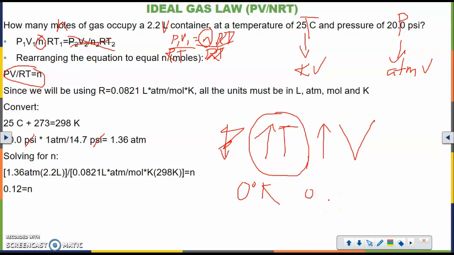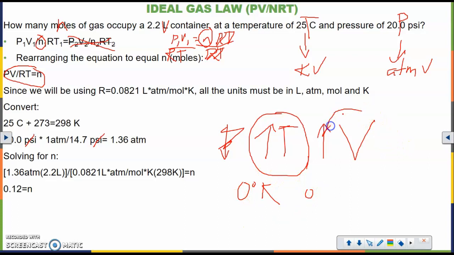So this is the reason why we cannot use ideal gas behavior for extremely low temperatures. And when we're talking about extremely low temperatures, we're talking about something close to absolute zero, 0 degrees Kelvin.